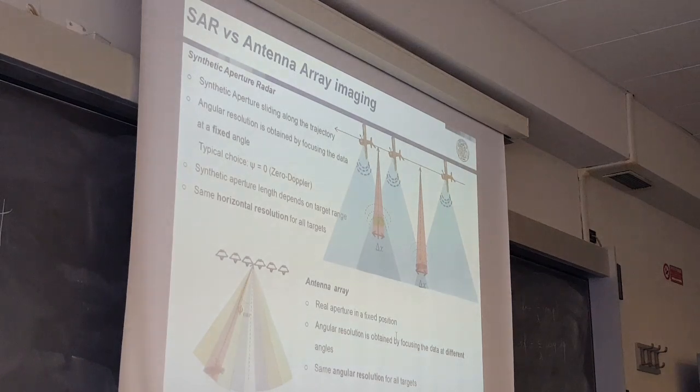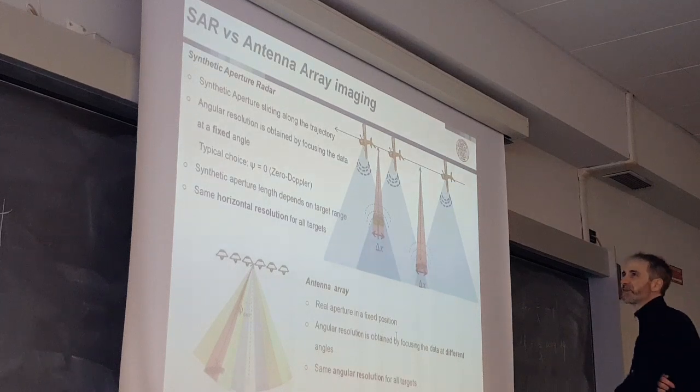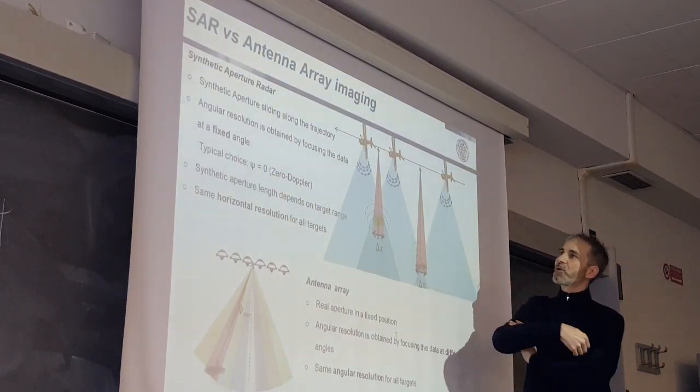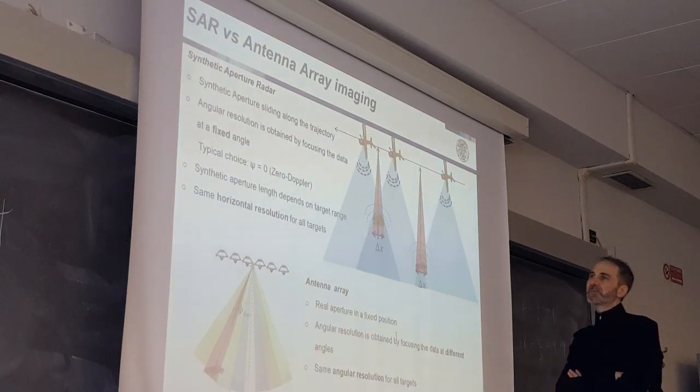And so this is just to summarize some difference between array imaging, let's say antenna array, and SAR. For a SAR, you have a synthetic aperture which is sliding along your trajectory.